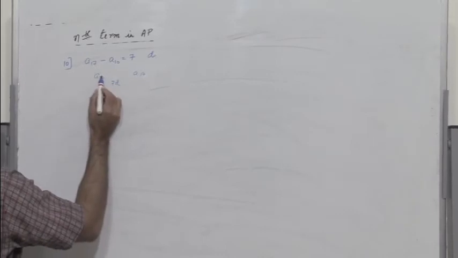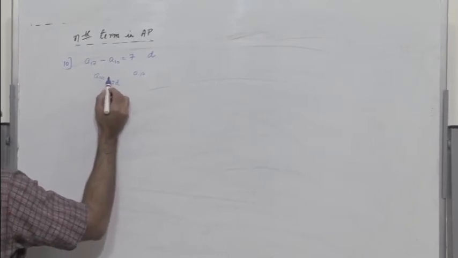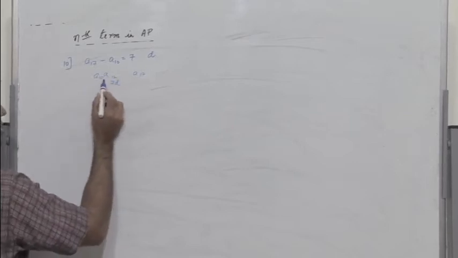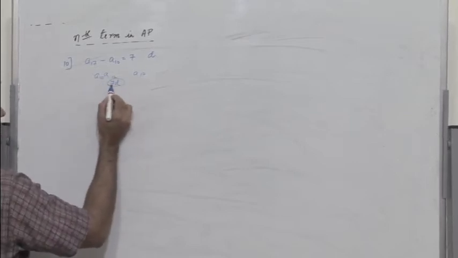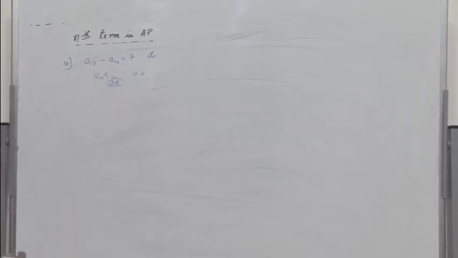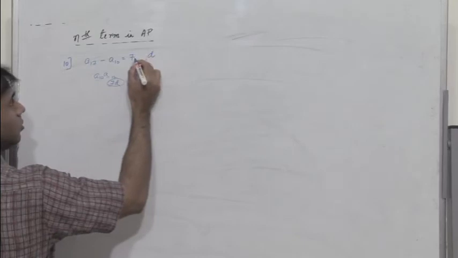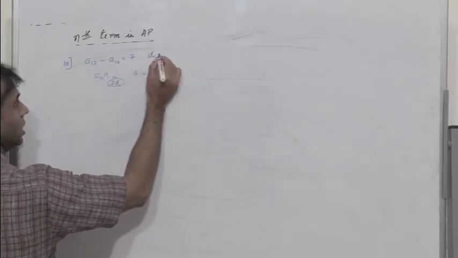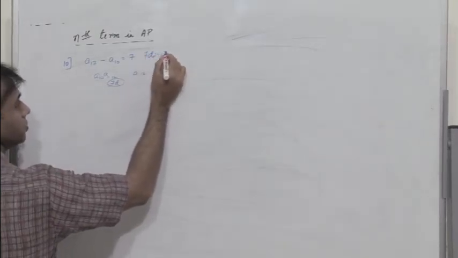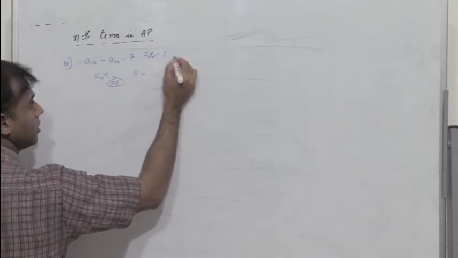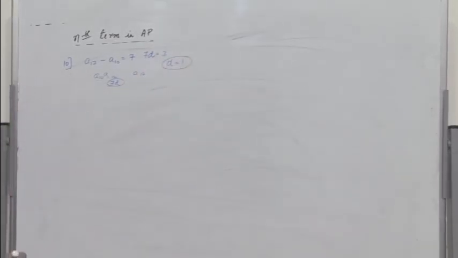Right? So A10 plus D gives me A11, A11 plus D gives me A12. So like that, I need to add 7D to A10 to get the value of A17. So therefore, this value 7 is nothing but equal to 7D. So the value of D is 7 by 7, which is 1. Very simple problem.